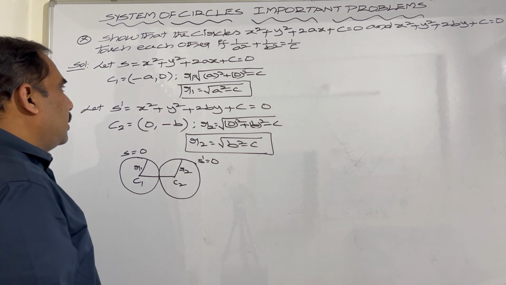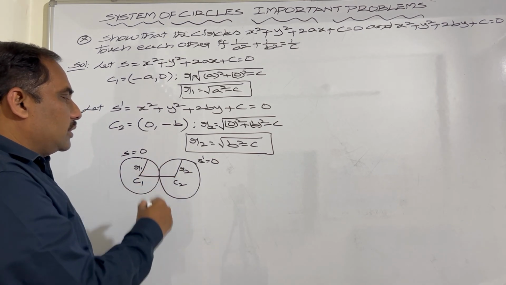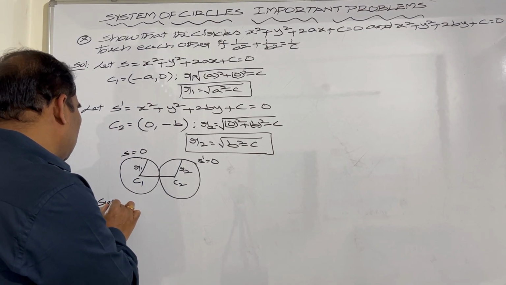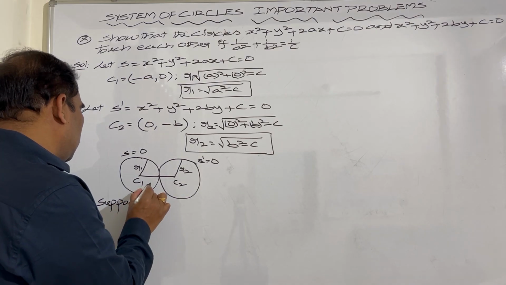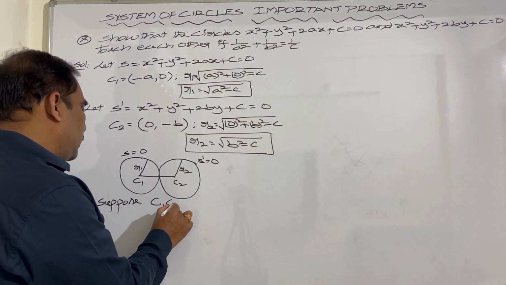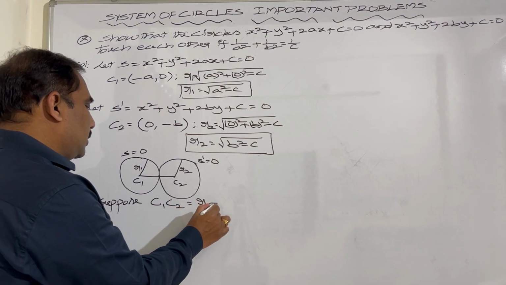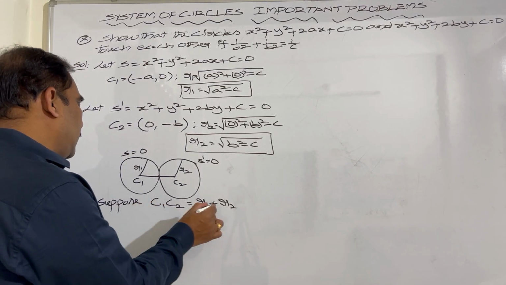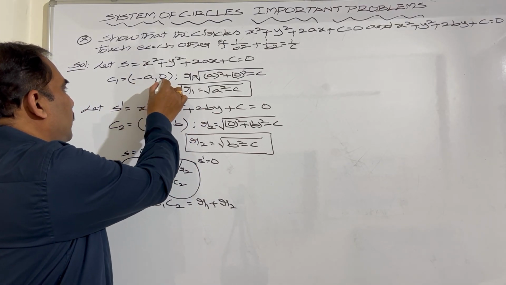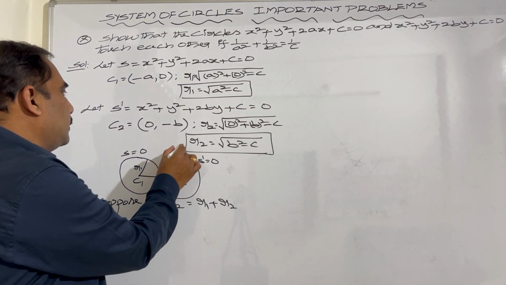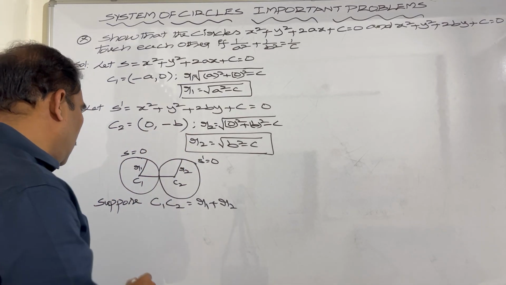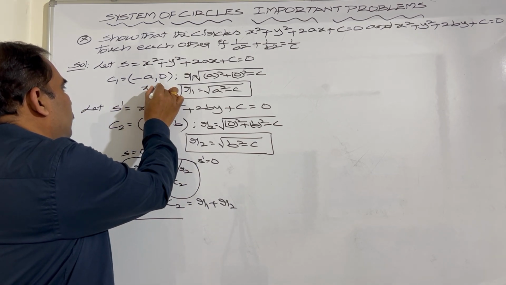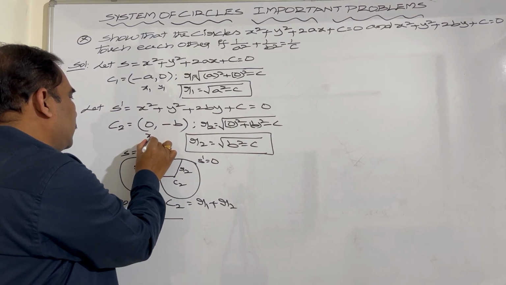So when the two circles touch each other externally, the condition we know is C1C2 is equal to R1 plus R2. Now here we have C1 is minus a comma 0 and C2 is 0 comma minus b. Now finding the distance between the two centers, suppose this is x1, y1 and this is x2, y2.